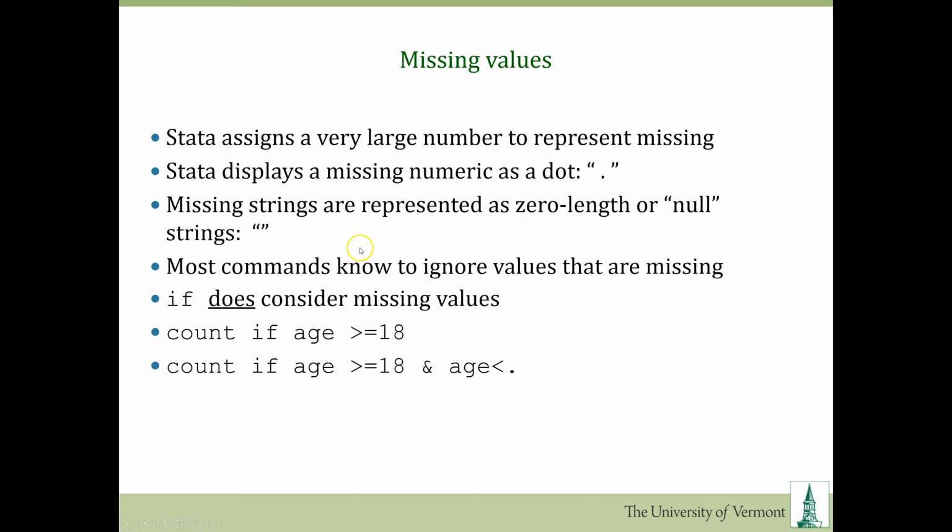Most commands in Stata know to ignore values that are missing, but one exception to that are the if statements. If does consider missing values. So count if age is greater or equal to 18 doesn't necessarily give you the same value as count if age is greater or equal to 18 and age is less than missing. If you have any missing ages, you will get a different count here.